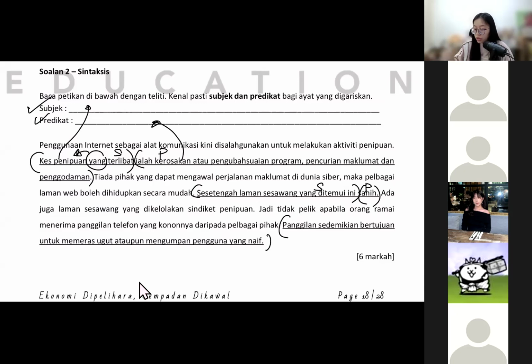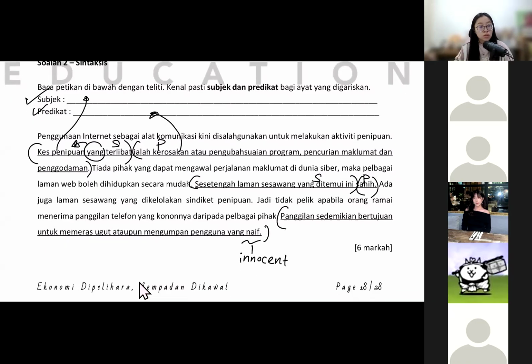Now, next one. Which one is your subject? Naive means innocence. Sorry. Panggilan sedemikian. Yes, correct. Like this type of call. So this is your subject. Behind is predicate.